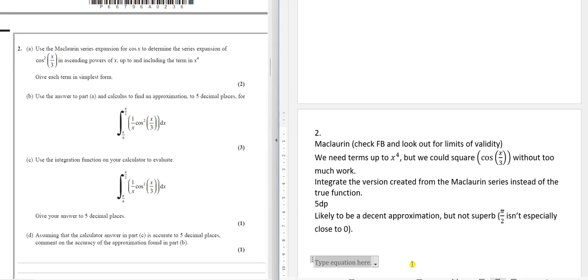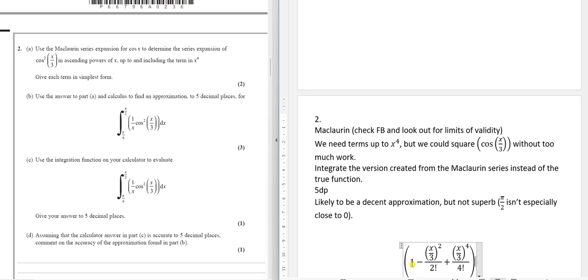So I can use 1 minus (x over 3) squared over 2 factorial plus (x over 3) to the 4 over 4 factorial. That can represent for me cos of x over 3, and if I square it, I'll get cos squared of x over 3. Now, although there are 3 terms and I'm squaring it, I don't need to collect all 9 terms.